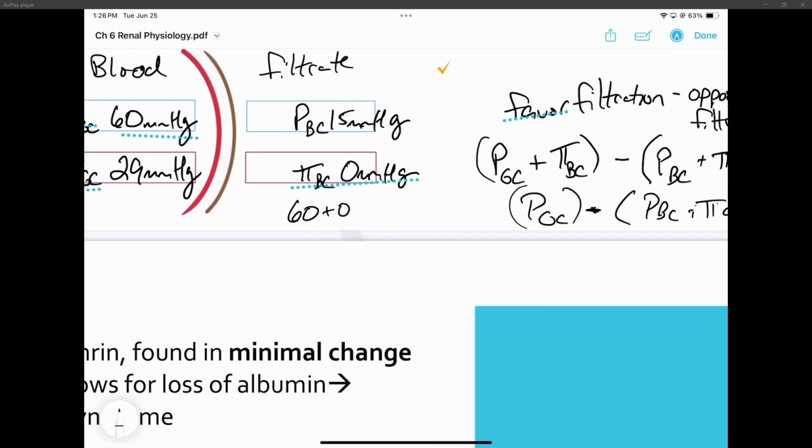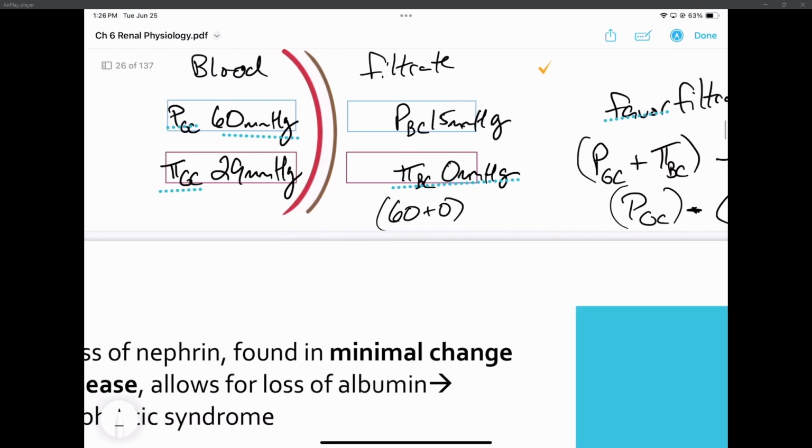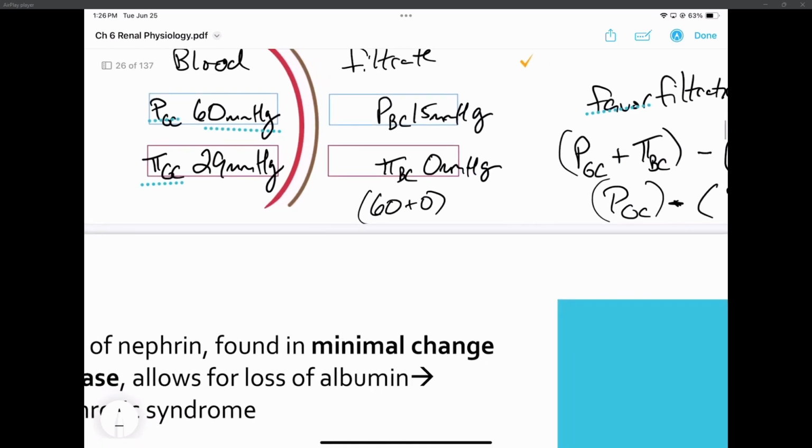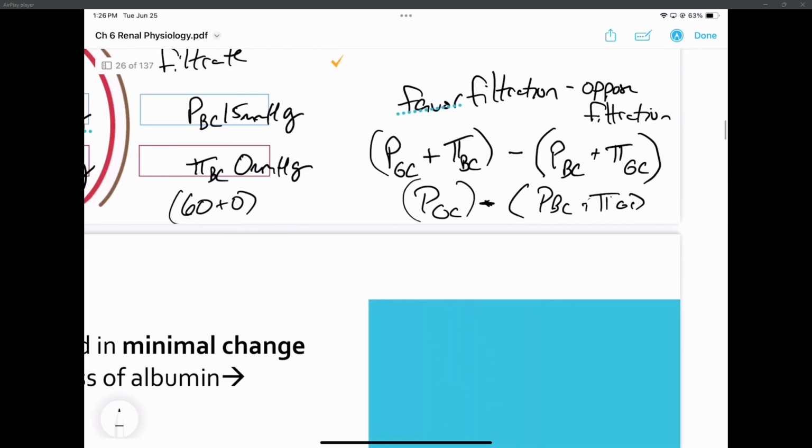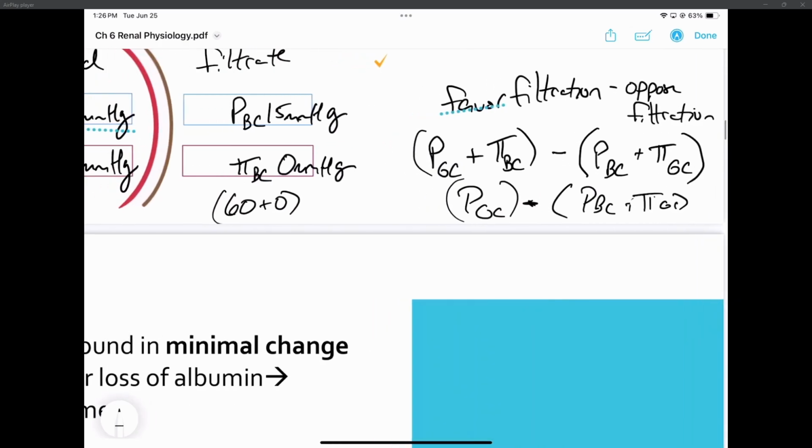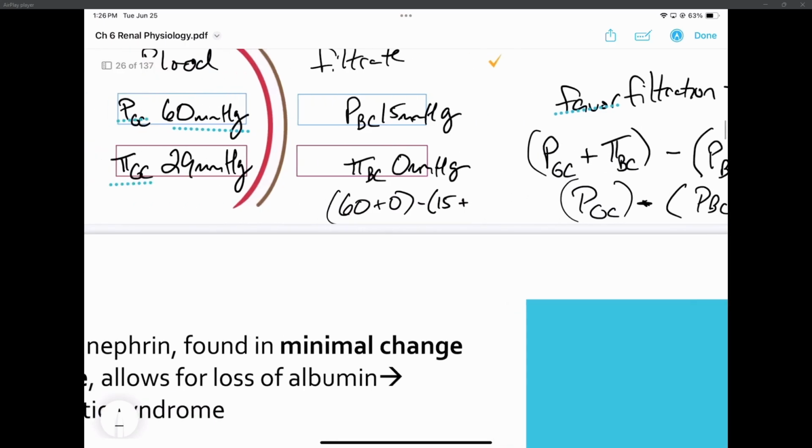Plus oncotic is 0, right? Oncotic pressure of the Bowman's capsule is 0. So 60 plus 0. These are factors that favor the push. Factors that favor suck are on the opposite side, which is the pressure of the Bowman's capsule plus what is the pressure, what's the oncotic pressure of the glomerular capillary?